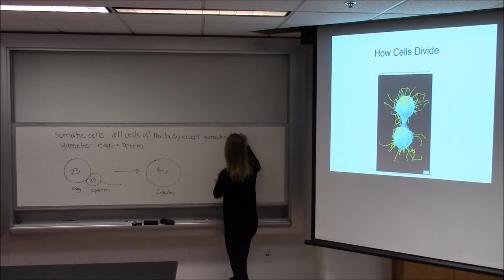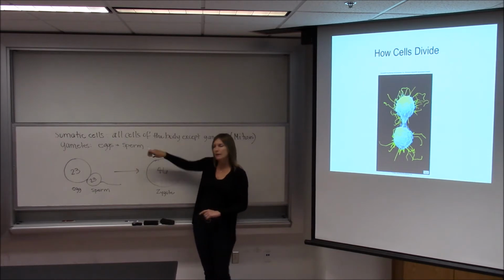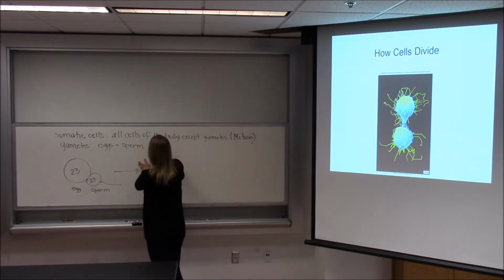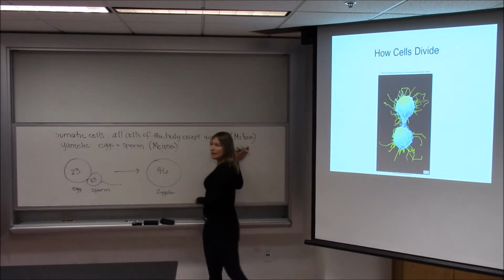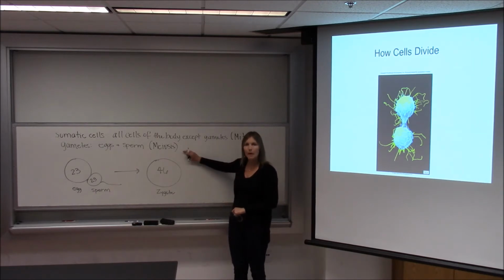Division of cells to make eggs and sperm is going to be called meiosis. We're going to start by talking about mitosis, and then we're going to talk about meiosis, two different processes.